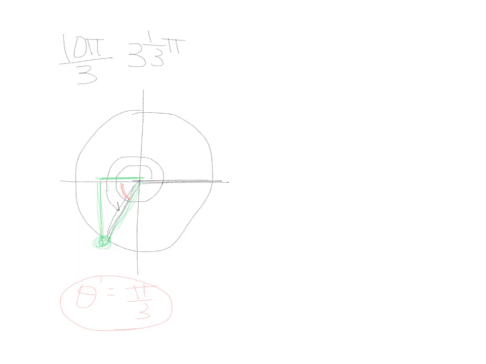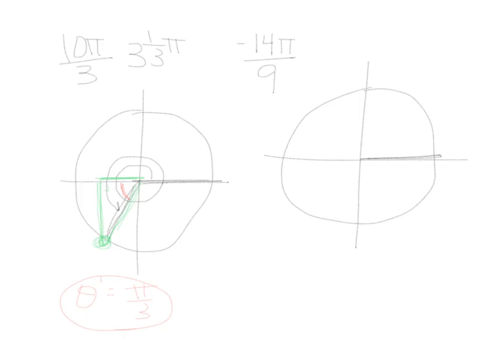One more example. We start with negative 14 pi over 9. Draw the angle. Initial side, go around negative 1 5/9 pi. So that would put us approximately about right there.